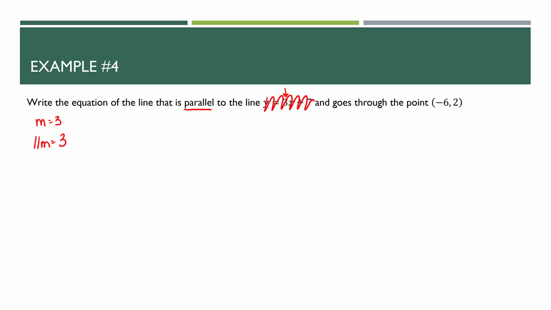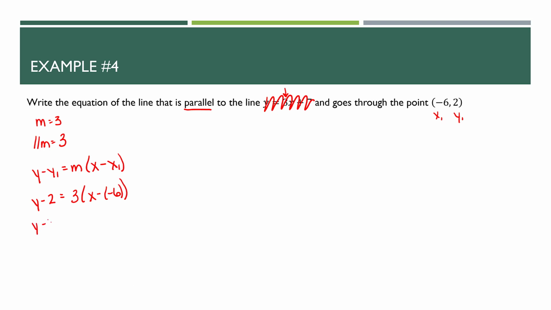We don't need it anymore. x1, y1 is a point on the line. So y minus y1 equals m times x minus x1. And I'm going to go ahead and plug in my x1, y1, and the m. y minus 2 equals parallel m, 3, times x minus negative 6.